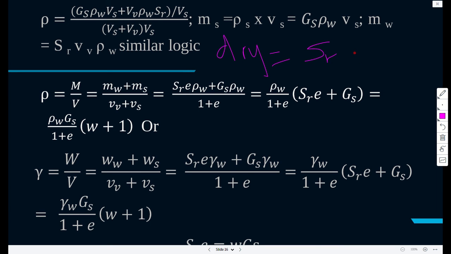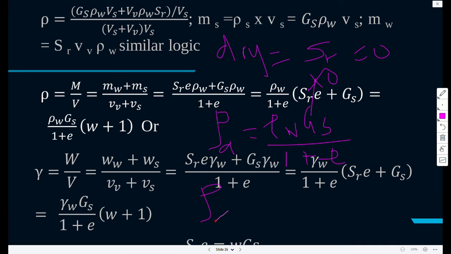So for dry soil, the degree of saturation is 0. From here you can easily get the dry density. Dry density is WGS over 1 plus E, because this one becomes 0.